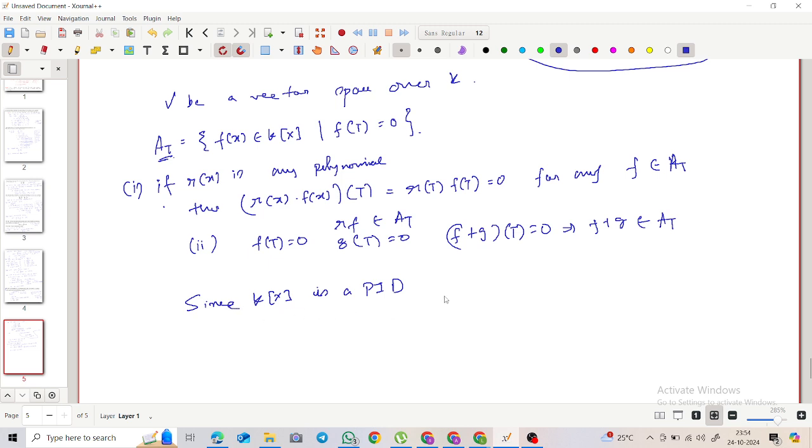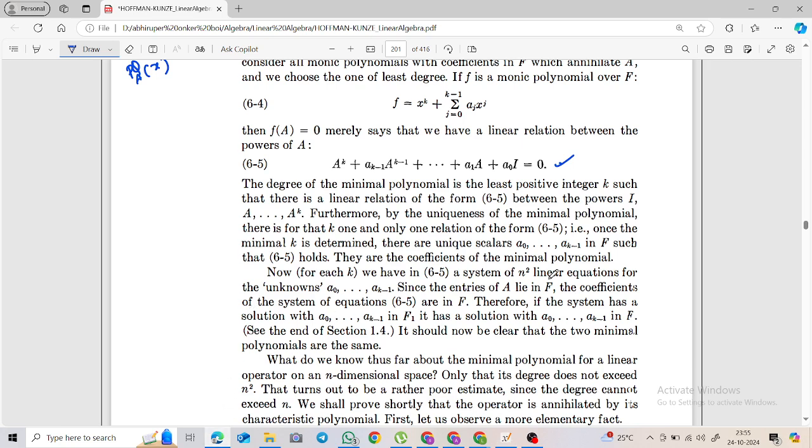Since K[x] is a PID, the annihilator of T is generated by some polynomial, and that is actually the minimal polynomial. They are saying that these are unique coefficients.